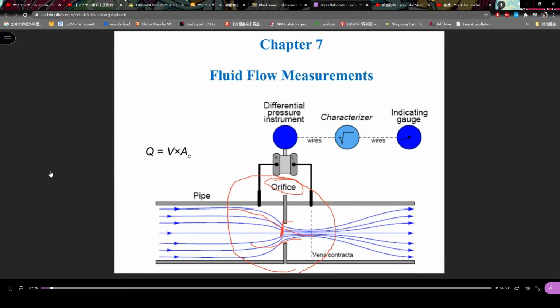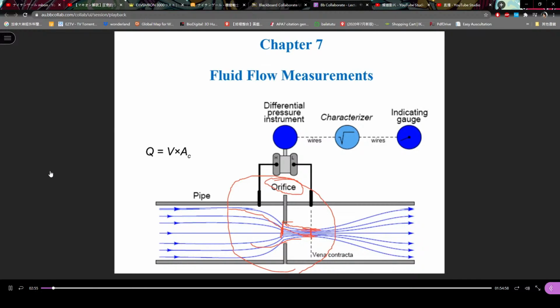Then what happens? The velocity here is much faster. Here it is called the Venturi contractor, the narrowest position for this flow.